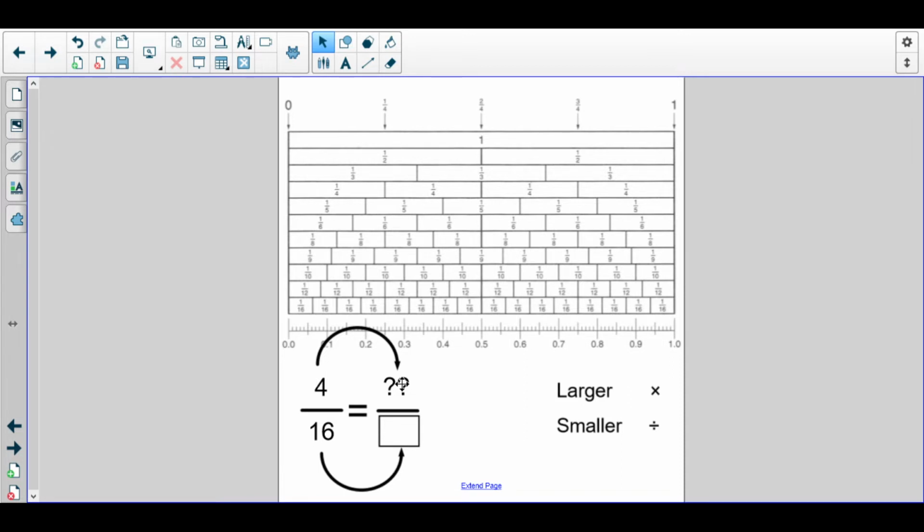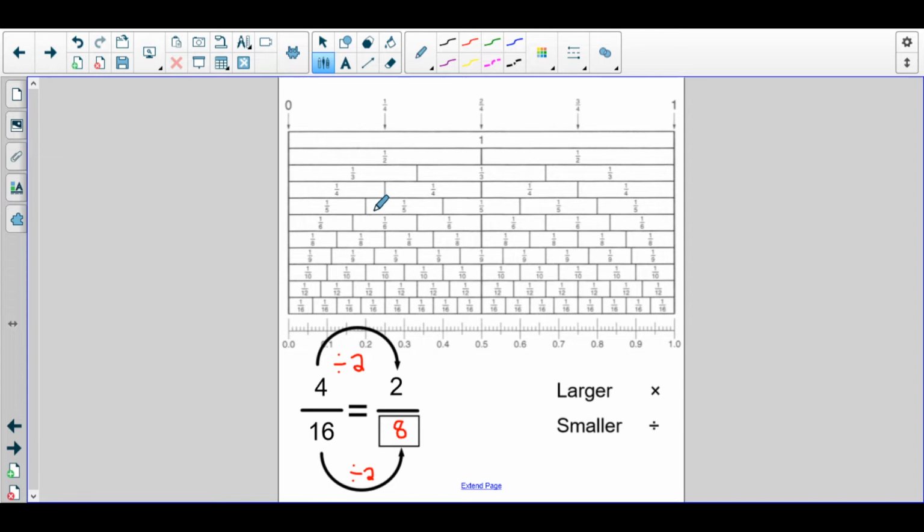We are going to divide by what? 4 divided by what gives us 2? And that's 2. 4 divided by 2 is 2. So 16 divided by 2 is 8.